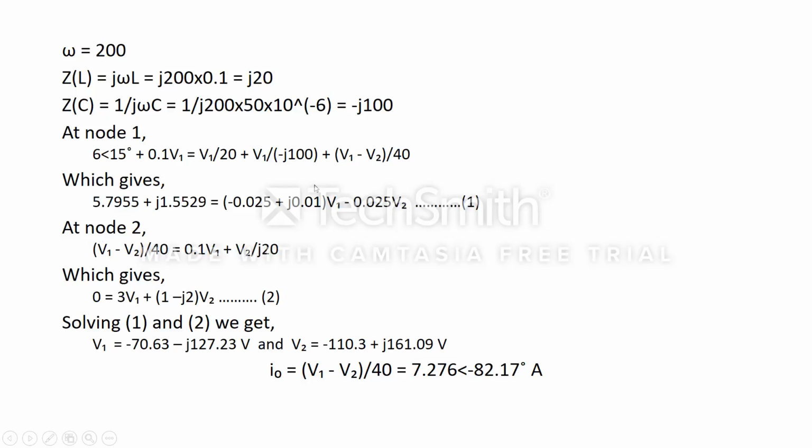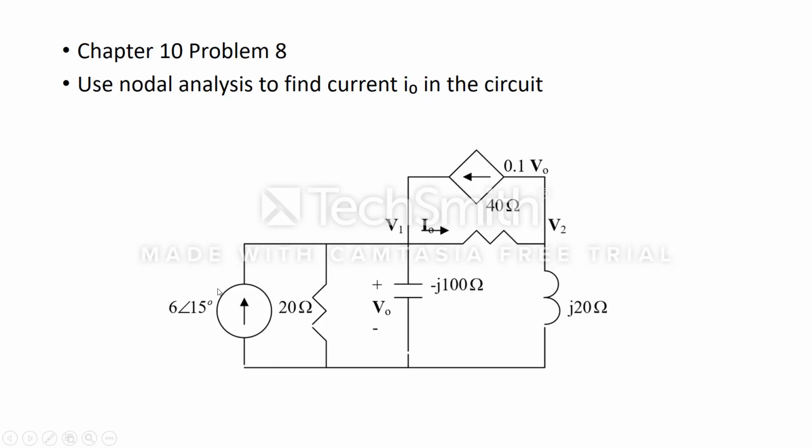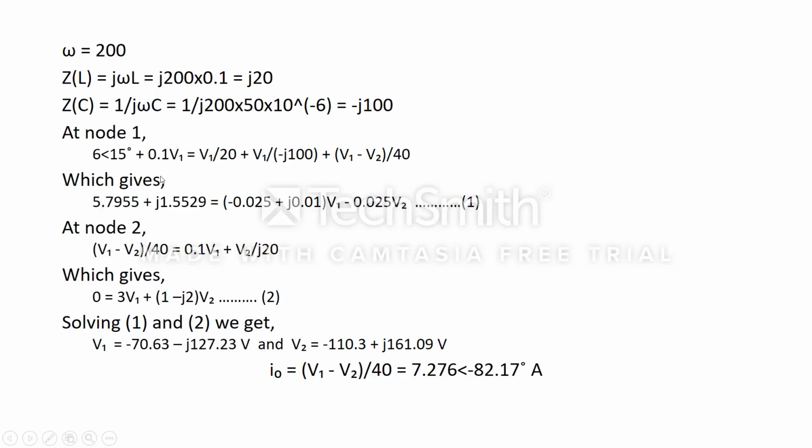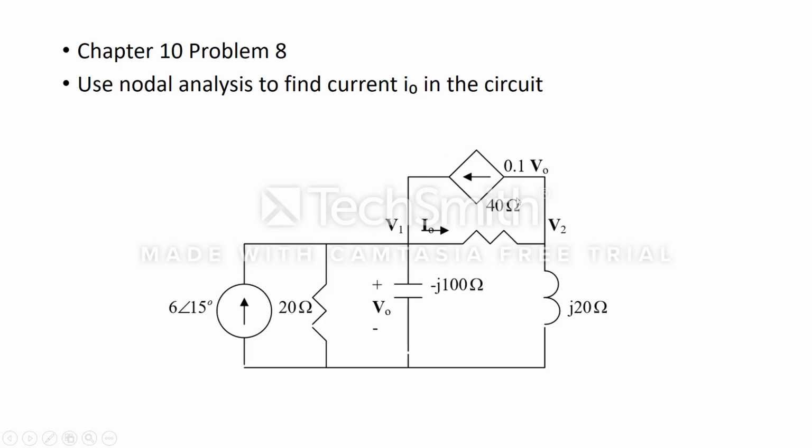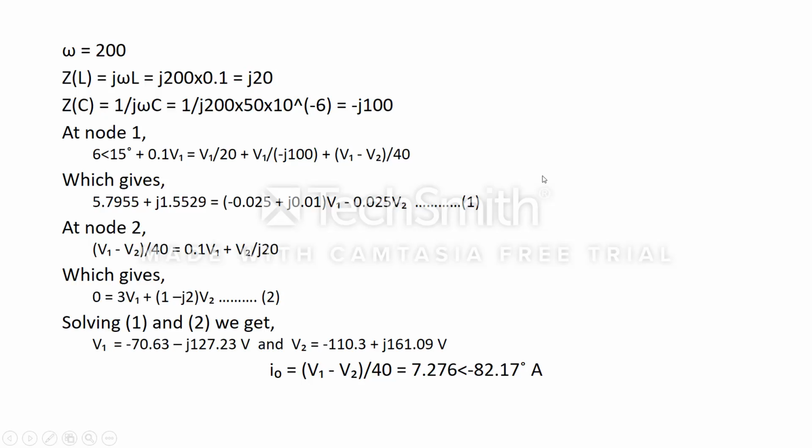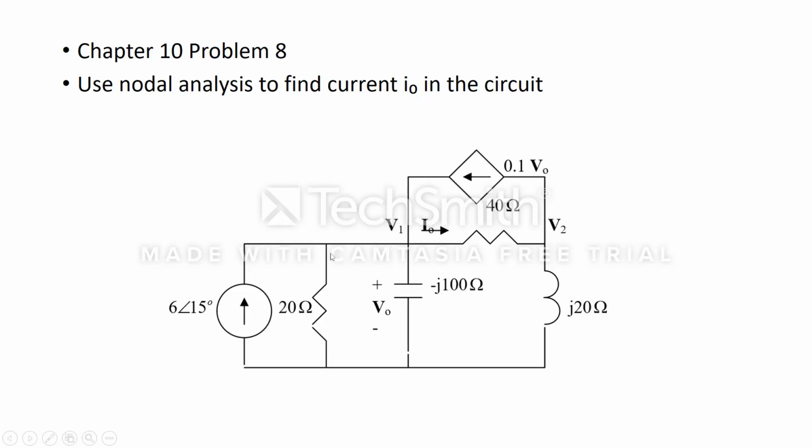So coming back to this point where we consider the node 1, we are considering the voltage source, that is the dependent source, where 0.1 V naught is the voltage, and considering the other part where V1 by 20 comes into play, that is V1 is this node where it is common to all these branches.